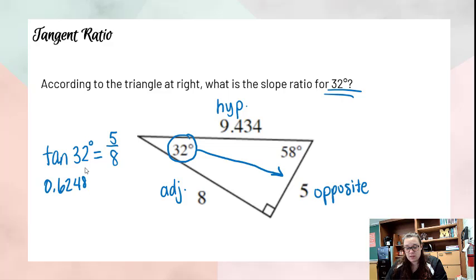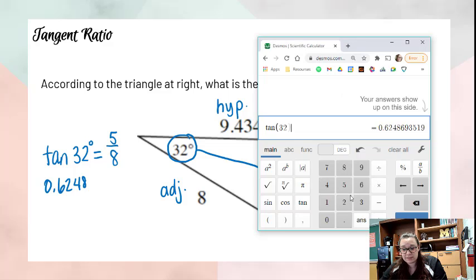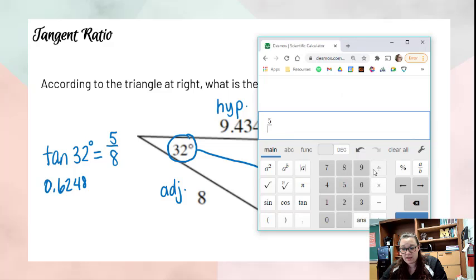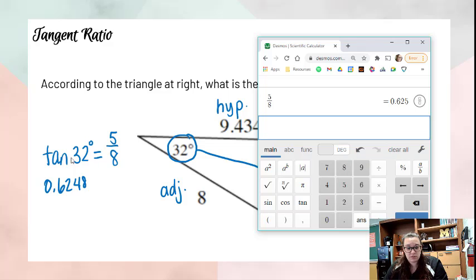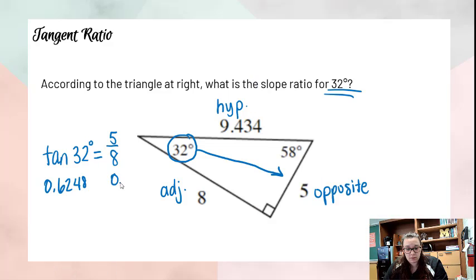Let's try typing in the same thing, but instead 5/8. 0.625. Do you see how close they are? They're very close. And this one is the exact answer. Our 5/8 is the approximate answer here.